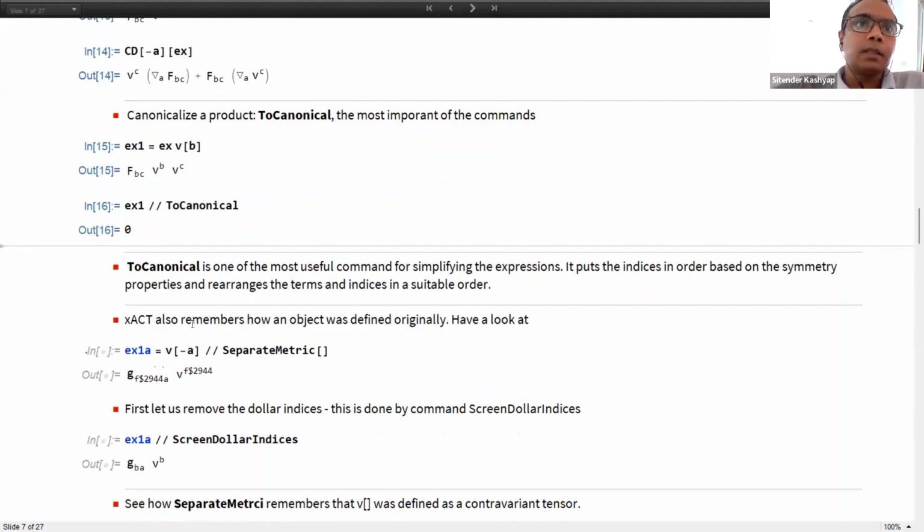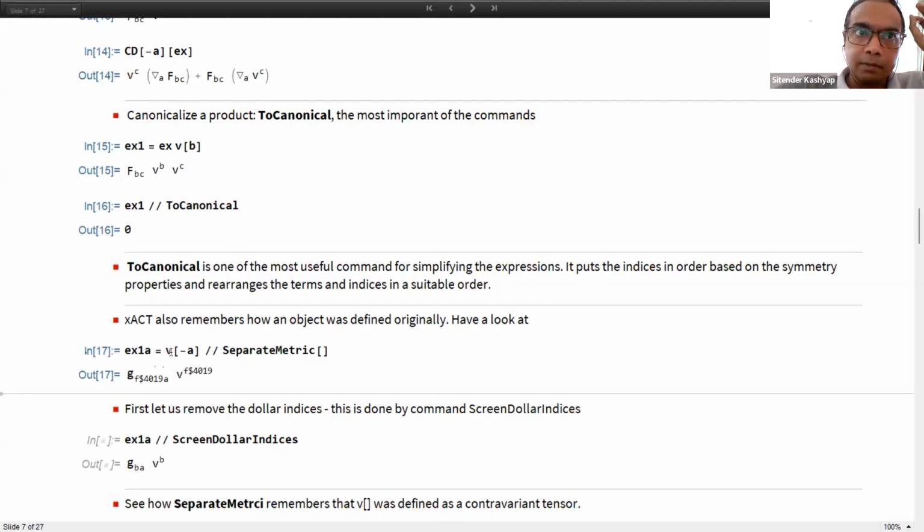Okay, finally, let's see how xAct remembers how you originally defined an object. For example, remember we defined V as a contravariant tensor, and okay, I'll explain what these dollars are. Suppose this is SeparateMetric. SeparateMetric means just strip off any raising or lowering that has been done using a metric.